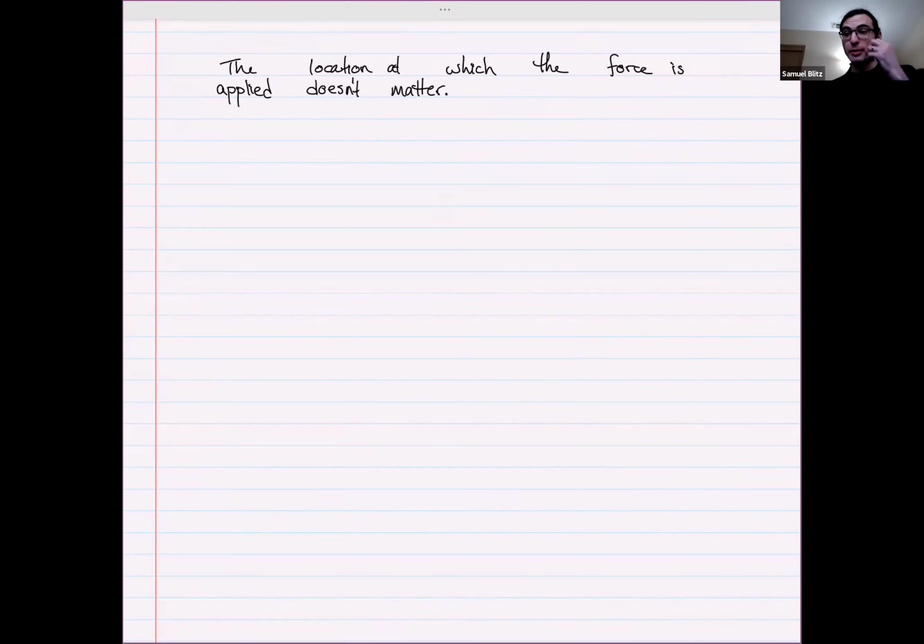The location at which the force is applied doesn't matter, at least not until we start talking about rotation. So then the question is, what part of the object matters if it doesn't matter whether you push on the top? Yeah, so it was discounting rotation.